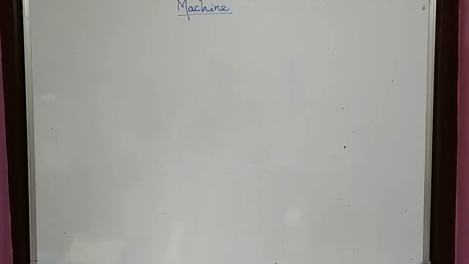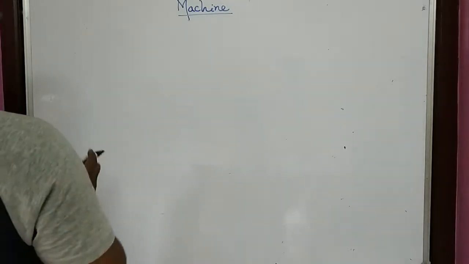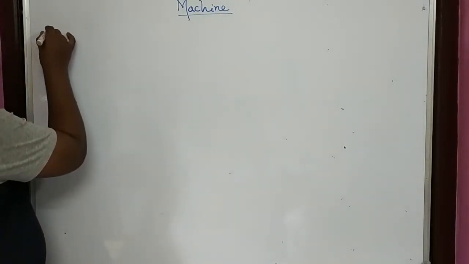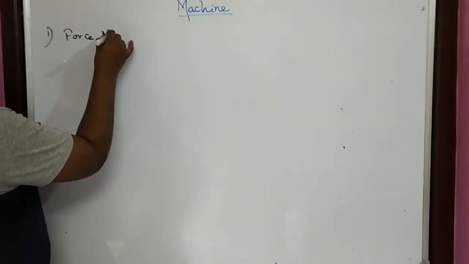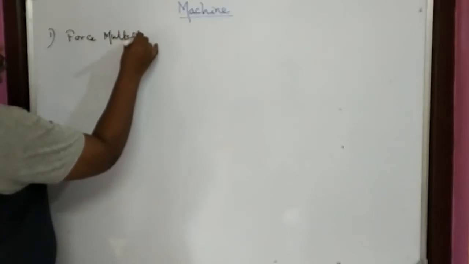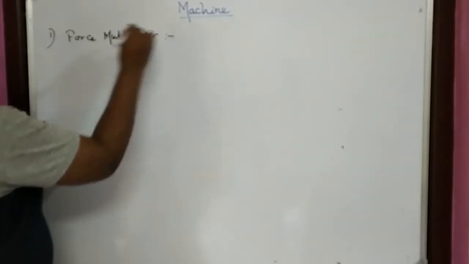And that is machine. How many types of machine have we seen around ourselves? The first one is known as force multiplier. What is a force multiplier?